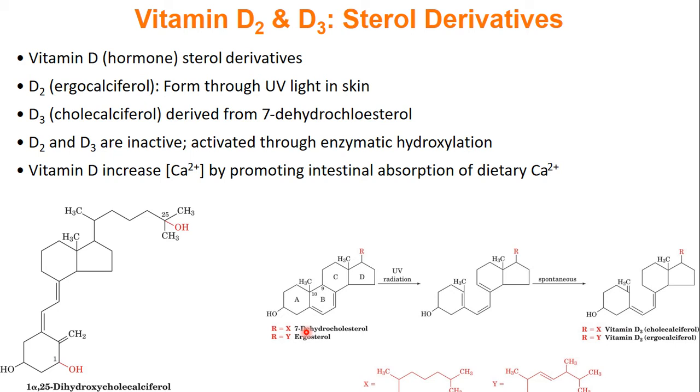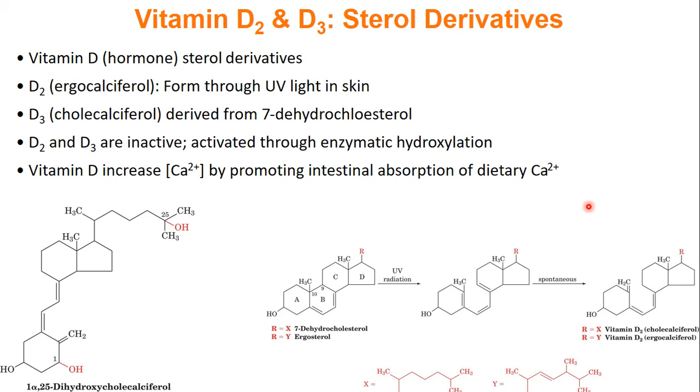So here we can see our process. We need that UV radiation to open up the ring between carbon 9 and 10, and then after you do that, you spontaneously form this double bond. So that is how we activate vitamin D. But if you get 15 minutes of sun 3 days a week, you have enough UV radiation for vitamin D. Now, vitamin D2 and D3 themselves are inactive, so you need to add enzymatic hydroxylation to make them the active form.